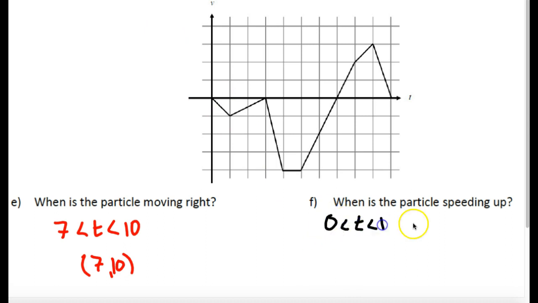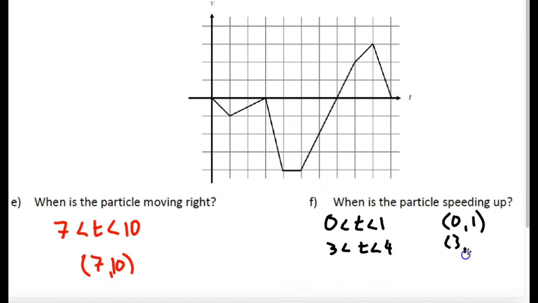I'll write it in interval notation as well. And then it actually occurs again over here from 3 to 4. The slope is negative and the velocity is negative.